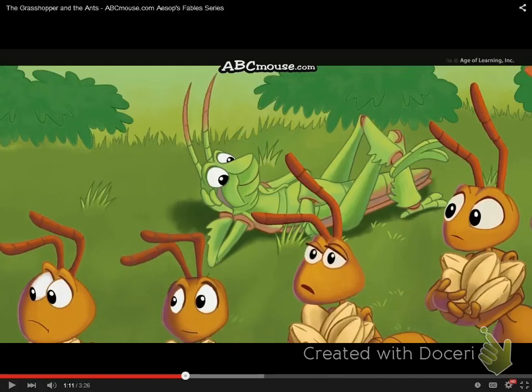Okay, now that you have your web all labeled, we're ready to start identifying words that we're going to use on our semantic webs. We are going to be using words from our fable, The Ant and the Grasshopper. Remember that we looked at the video as well as read the book on this fable about a hardworking ant and a lazy grasshopper who were having some conversations about whether or not it is best to prepare for a time of need early or to wait until the last minute.